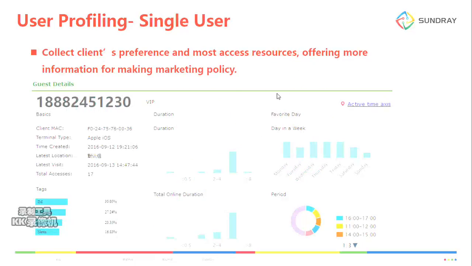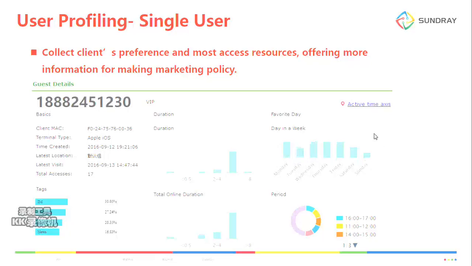Next here is the user profiling for single users, but this one only supports WeChat and SMS authenticated users. For the single user, we can also see how much time is spent on each application group, the duration, how much time he has stayed, and which day he comes most.